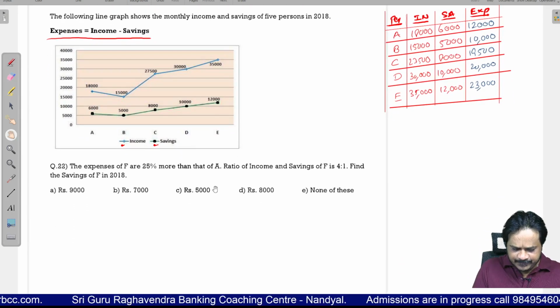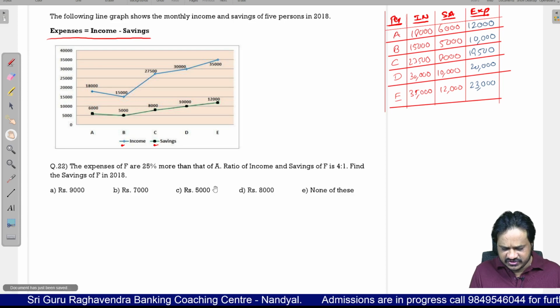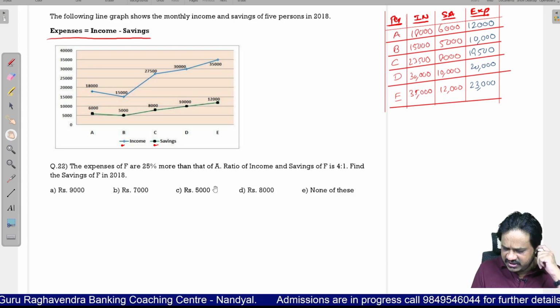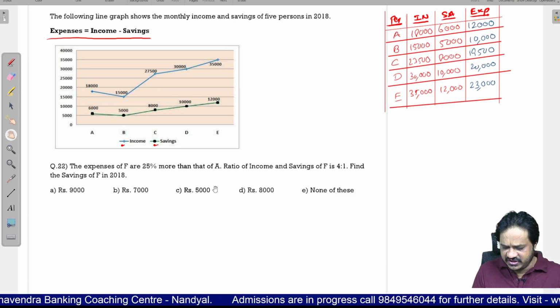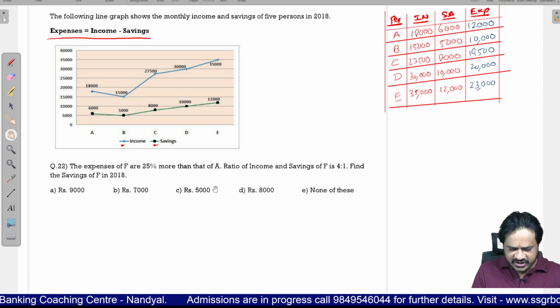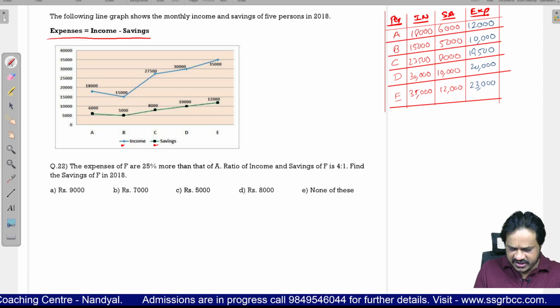First one, the expense of F is 25% more than A. The ratio of income and saving of F is 4:1. Find the saving of F in 2018.